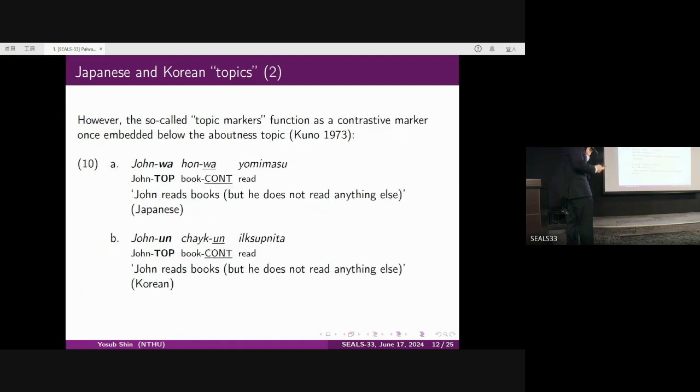Because of this, even if we have multiple wa particle constituents like this, the highest wa constituent is exclusively interpreted as the about-this topic. Any second or third wa particle constituents must be interpreted as contrastive constituents. So we can prove that the about-this topic in these two languages is not recursive, just like the Austronesian nominative subjects.